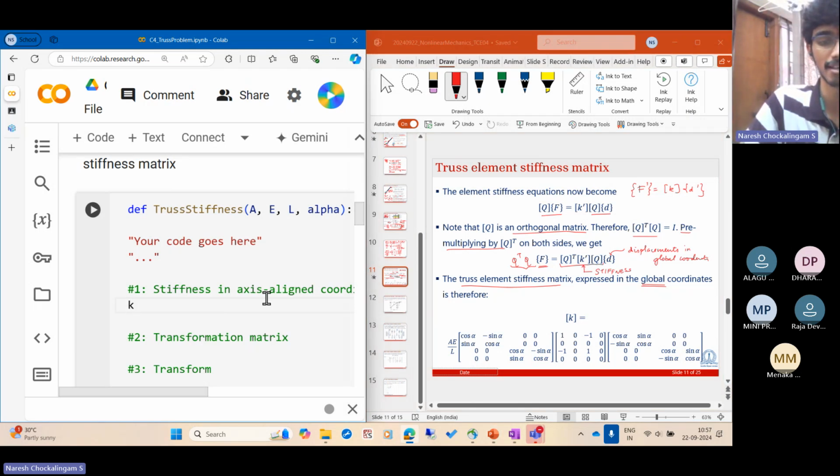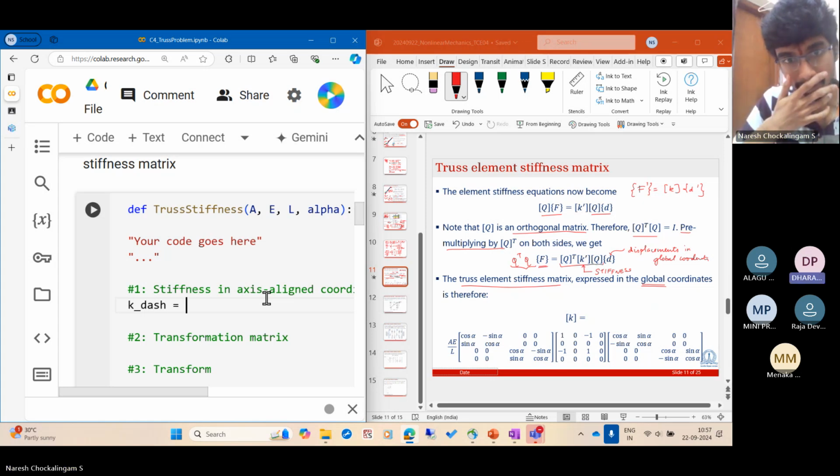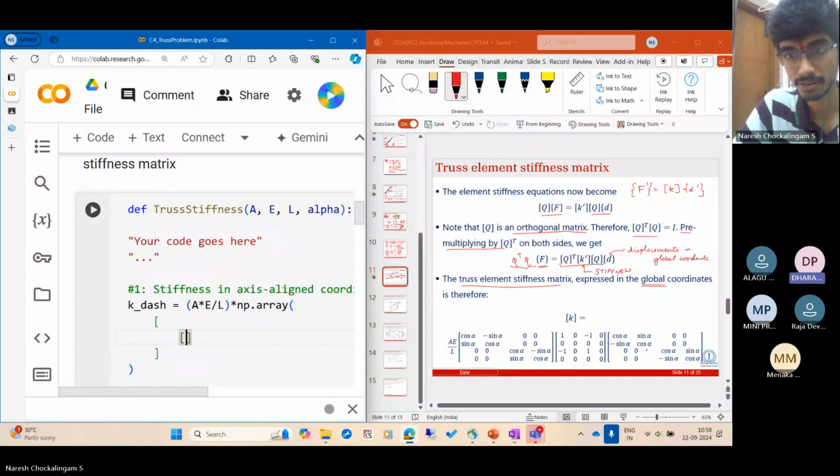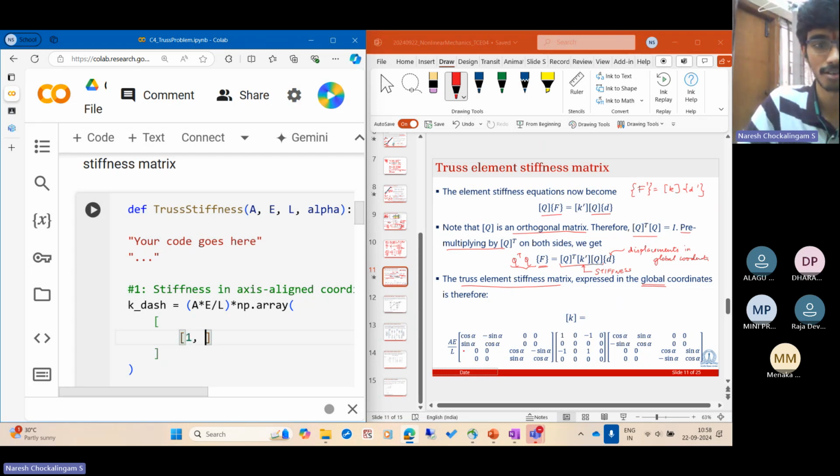So I'll write K dash is equal to A star E divided by L, star, and I'll make a matrix with np dot array. It's not 1, minus 1. It is 1, 0, minus 1, 0, because you want 4 cross 4. If it is just 2 cross 2, you can just do 1, minus 1.